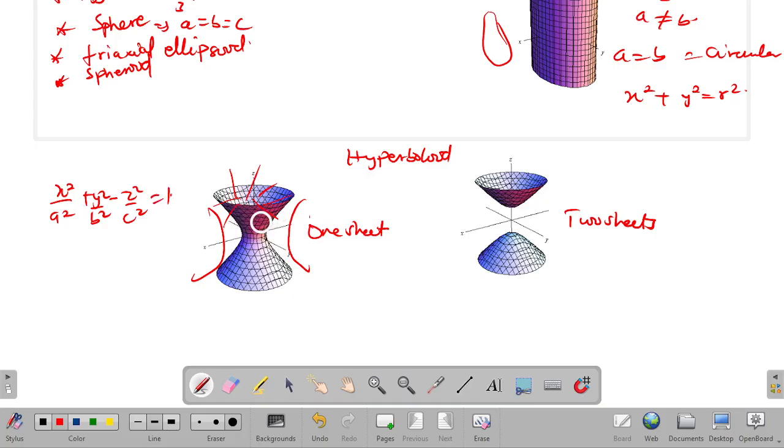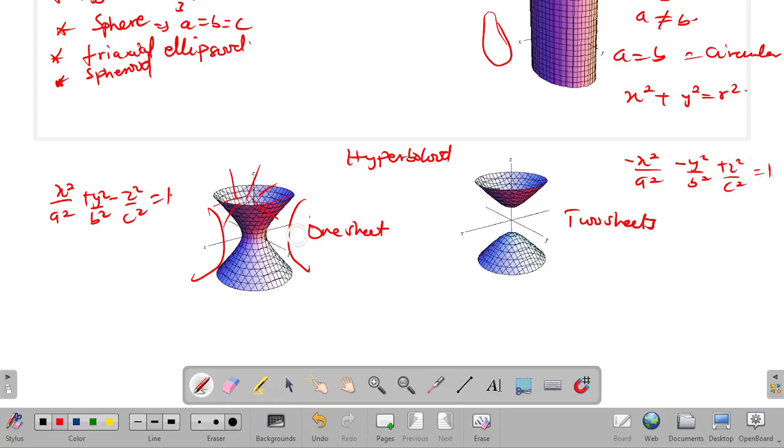Okay. So this is for one sheet, and for two sheets, the equation is simply negative x squared over a squared minus y squared over b squared plus z squared over c squared is equal to 1. So look at the differences.